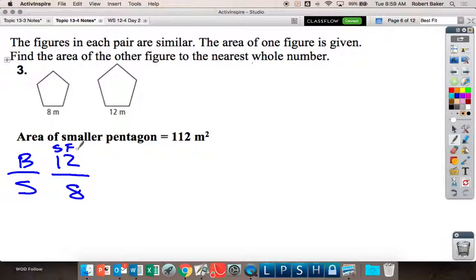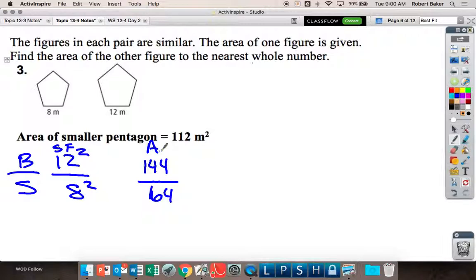So, is this ratio going to work to solve for area? No, we have to have the ratio of areas. So we have to find our area ratio by squaring these numbers. 144 over 64 is our area ratio.